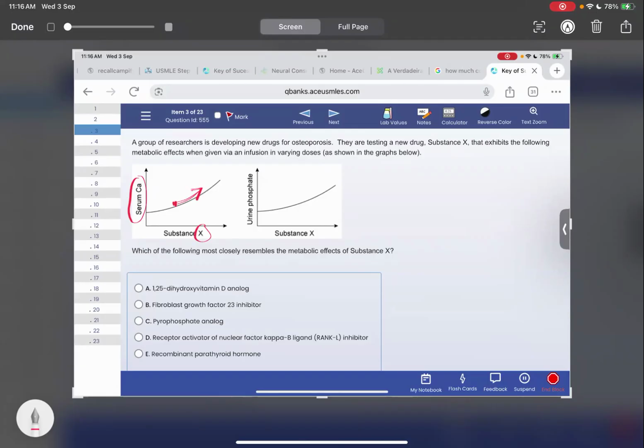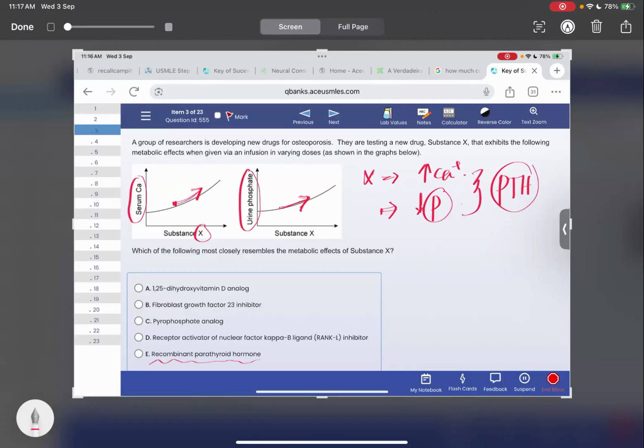And we have urine phosphate over here, and it is also increasing. So what is the drug X doing? Decreasing phosphate, right? Parathyroid effects. So it is similar to PTH. Like the previous question, it is about parathyroid.